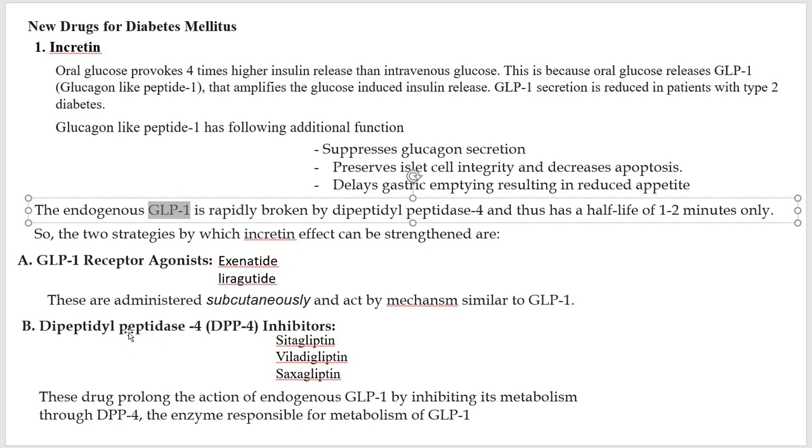So they inhibit the breakdown of GLP-1 by inhibiting the enzyme dipeptidyl peptidase 4, and the drugs which are used are sitagliptin, vildagliptin, and saxagliptin. Okay, so these are the new drugs used for diabetes mellitus.